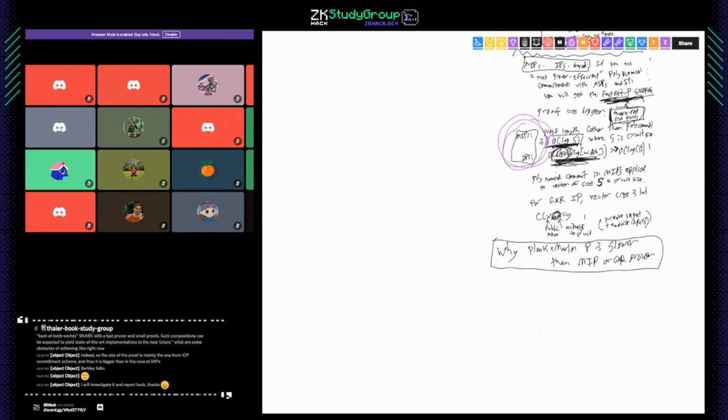What are some obstacles to achieving this right now? I think this should succeed. I've been working on this for a while, and I've heard some other people are as well. Fortunately, I think it's not literally the same approach. I hope there are some differences, so that we aren't duplicating work.